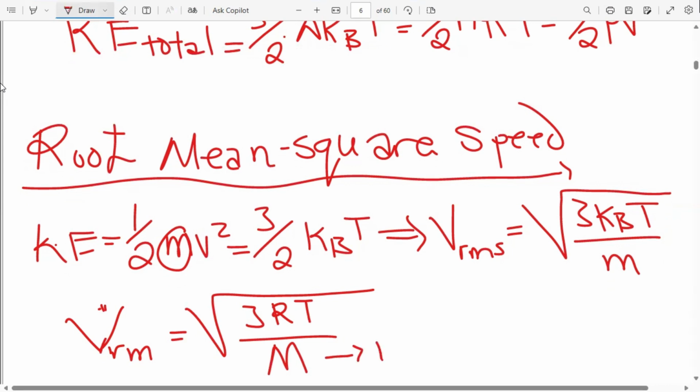Molar mass of the gas in kg per mole. So this is how you can calculate the root mean square speed of a gas, provided you've been given the mass or the moles of a particular gas.